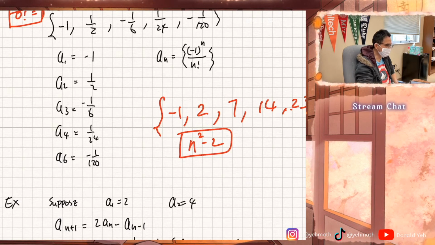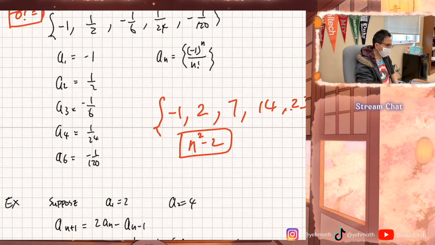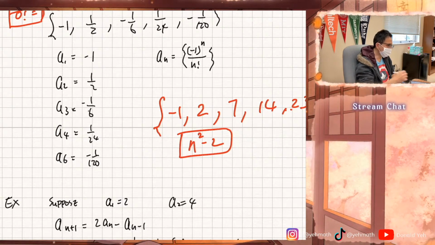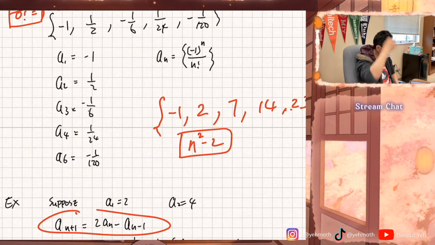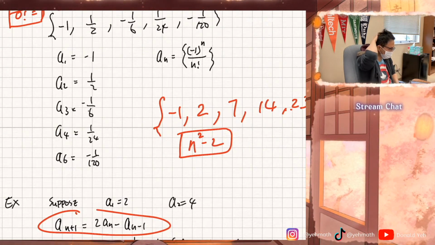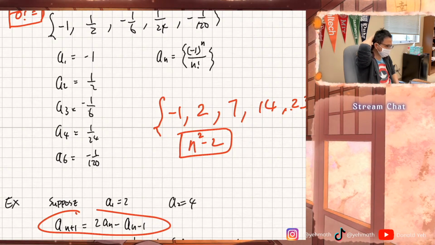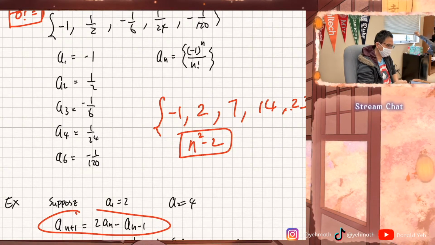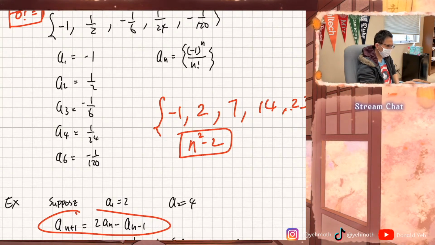Suppose a1 is equal to 2, and a2 is equal to 4. And we say there is an equation here: a_(n+1) equals 2^n minus a_(n-1).